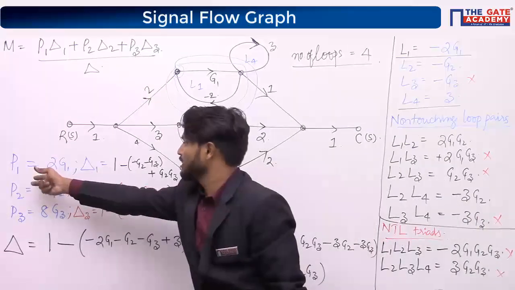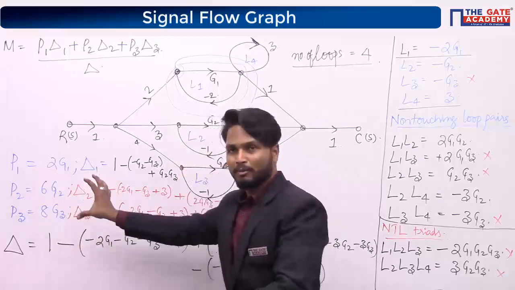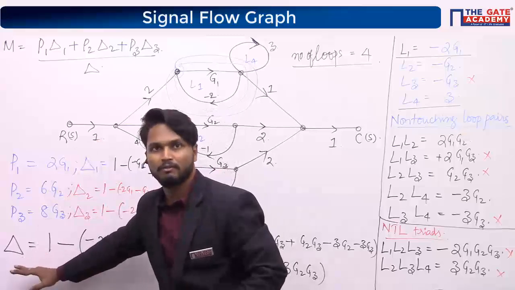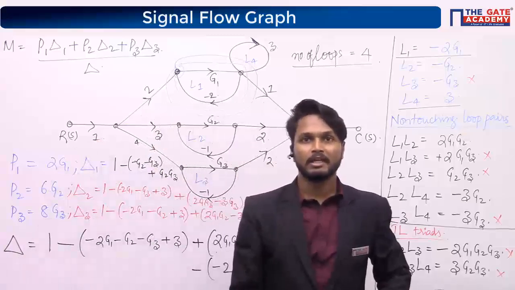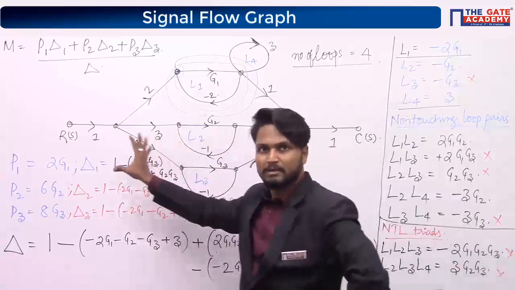So you got P1, P2, P3, delta 1, delta 2, delta 3, and you have to multiply these and divide by delta. That's it. I'm not simplifying it here. You can just simplify this.